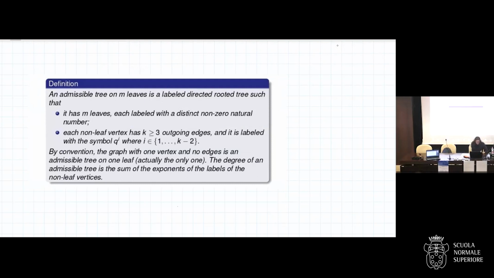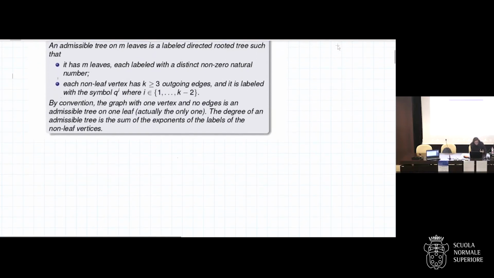We fix the number of leaves, and we label each leaf with a distinct non-zero natural number. And then we also label the non-leaf vertices, meaning the internal vertices. The label depends on the number of outgoing edges from each of these internal vertices.